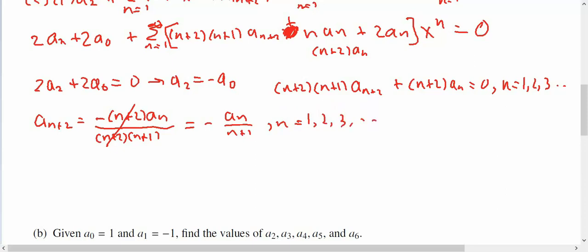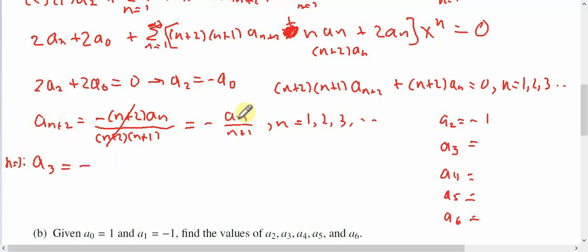Okay, so I'm given a0 is 1, so I can already get a2, so I need to find a2. That's going to be minus 1. I need to find a3, a4, a5, a6. But I'll get those from this relationship. So from here I can see that a3, when n equal 1, I get a3 equals minus a1 over 2.